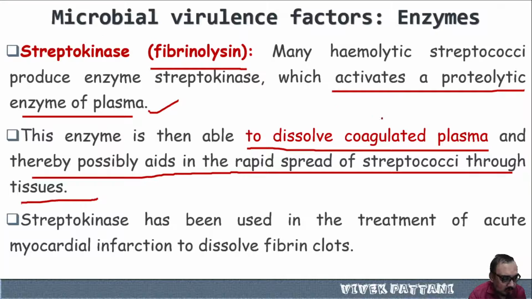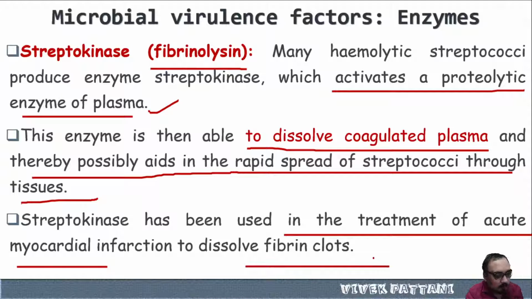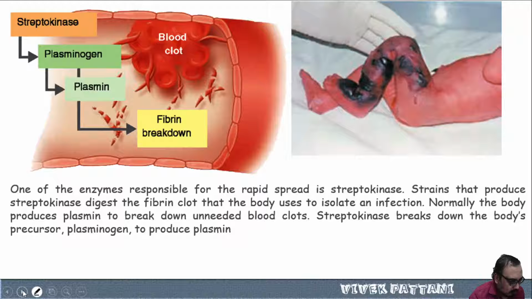Streptokinase, as I told you, has been used in the treatment of acute myocardial infarction to dissolve the fibrin clots. Now please have a look here. One of the enzymes responsible for the rapid spread is streptokinase. The strains that produce streptokinase digest the fibrin clot that the body uses to isolate an infection.